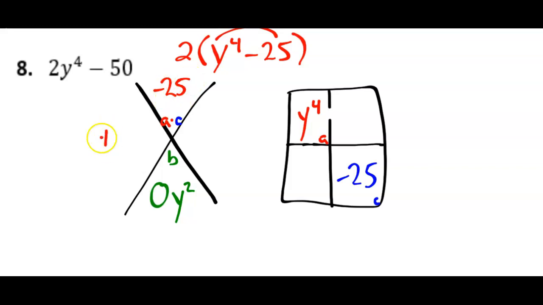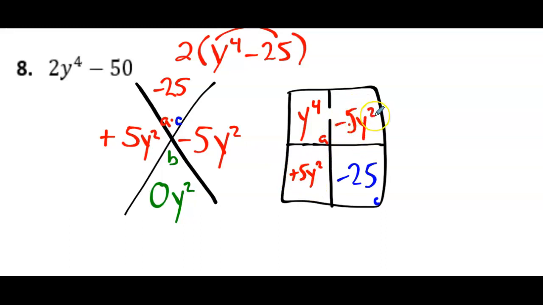That's going to be plus 5y squared minus 5y squared, because again, y squared times y squared gives me y to the 4th. Okay, so my y squareds go in here. Plus 5y squared minus 5y squared.